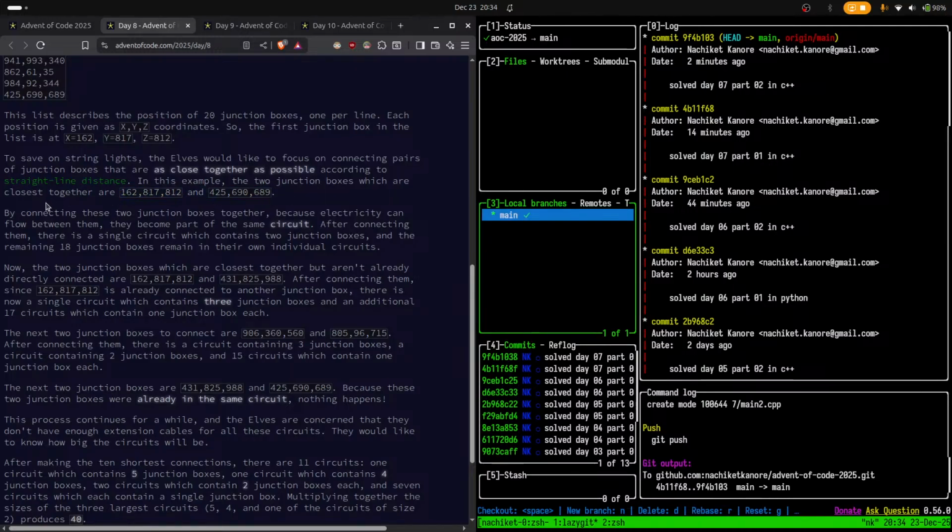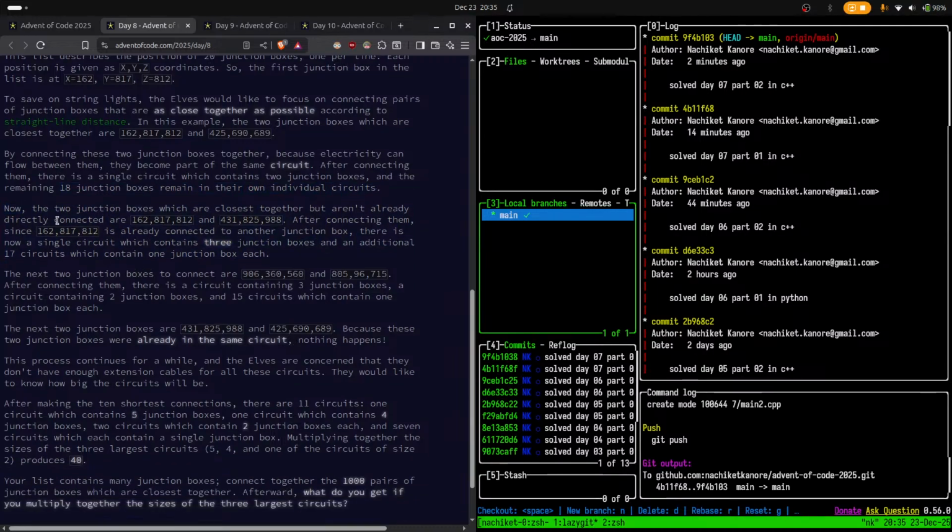Example, okay. By connecting these two junction boxes together, because electricity can flow between them, they become part of the circuit. After connecting them, there is a single circuit which contains two junction boxes, and the remaining 18 junction boxes remain in their own individual circuits. Okay.